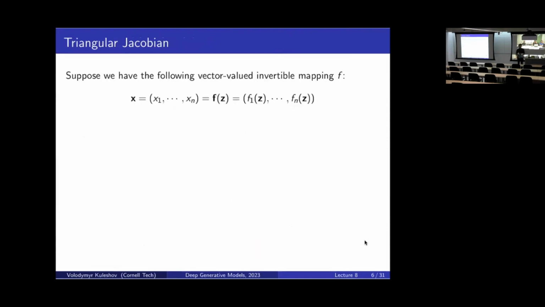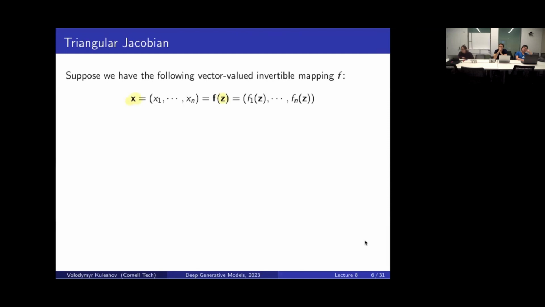One strategy that we're going to follow in this lecture is going to be to try to create invertible mappings for which the Jacobian is triangular. What would be an example of that? So consider some kind of invertible mapping F. Here F in this equation is mapping Z to X, okay?